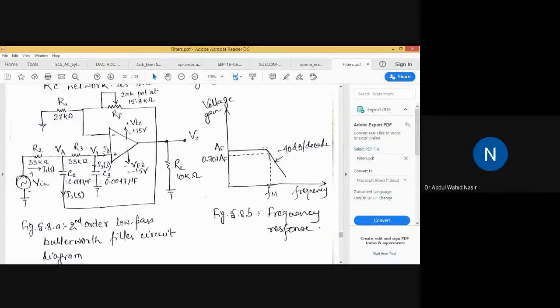Earlier, for first order, it was minus 20 dB per decade, and for second order it is now minus 40 dB per decade. If you increase the order, the actual frequency response moves closer to the ideal frequency response. So that is better, and that's why we opt for a second order low pass filter.